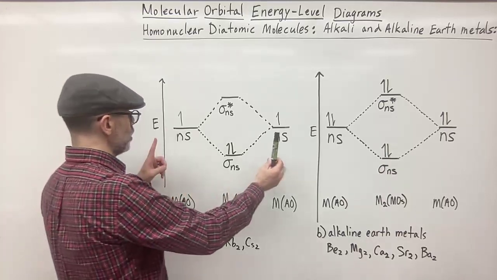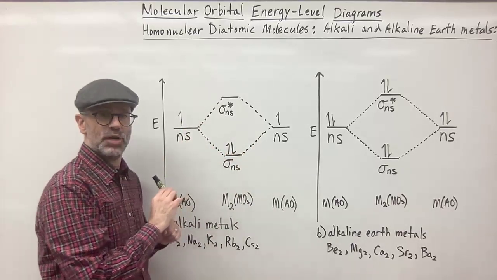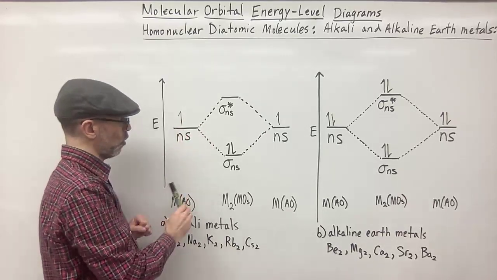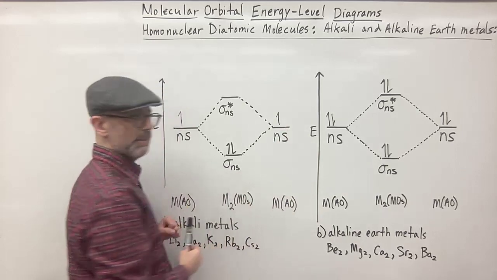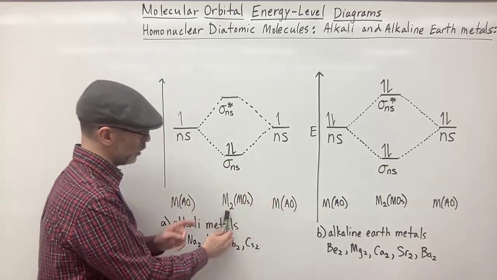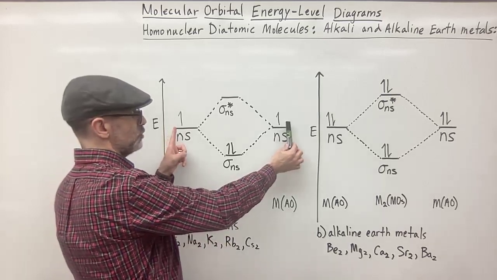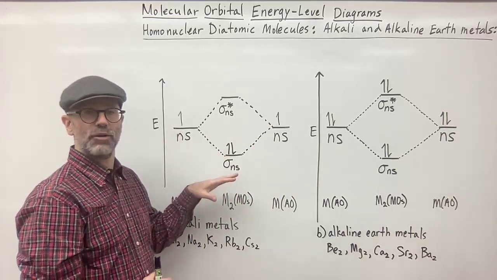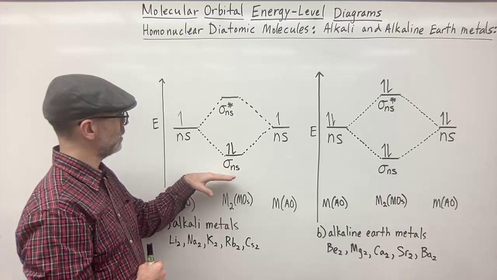So the way this works, again, is we have one valence electron in the s orbital. So that's going to be one there for this metal atom, and then one there for that metal atom. We bring these together to form the molecule M2. And so these two valence electrons are then going to fill in the molecular orbital energy diagram here.